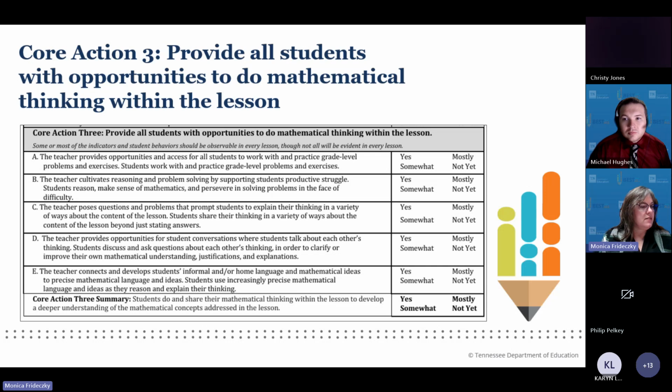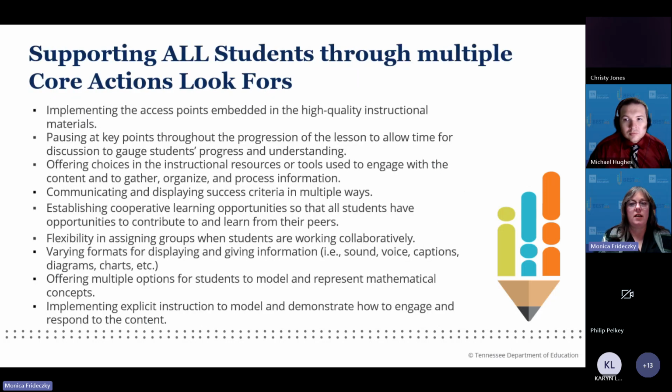Okay, let's move on to supporting all students. This is a list, not an exhaustive list, of course, but these are some ideas of things that you might look for or expect to see when you're observing and doing math learning walks.